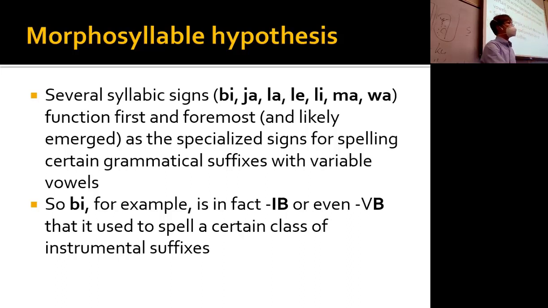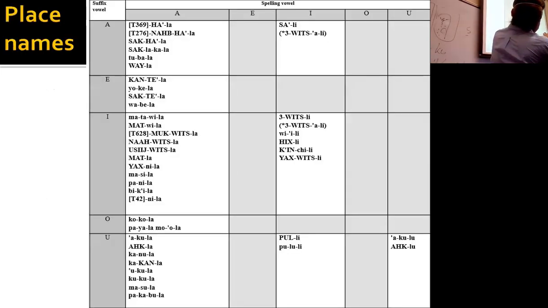So like in place names, it's actually a long vowel, and specific long vowel is the same as the preceding vowel. So those examples here are hal, tantel, matawil, panil, kokol, mol, akul, tanul. Those vowels are all long, but they're spelled with the same suffix. It seems to be a convention, right?